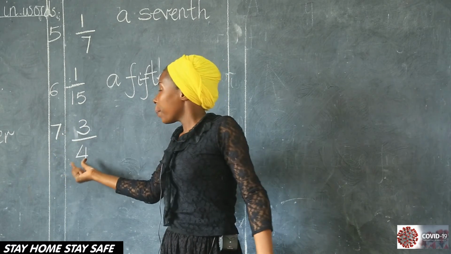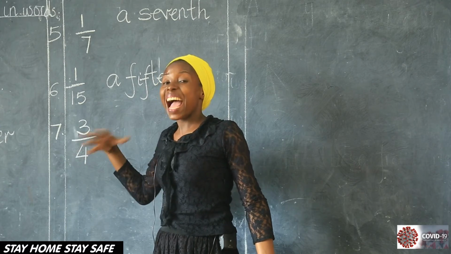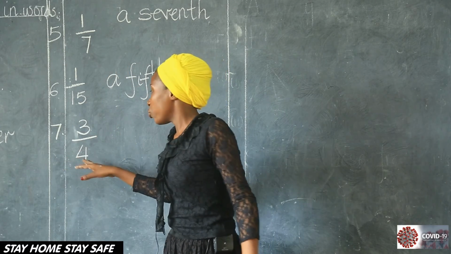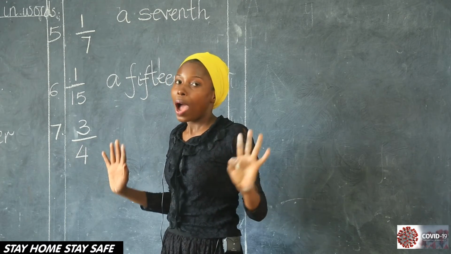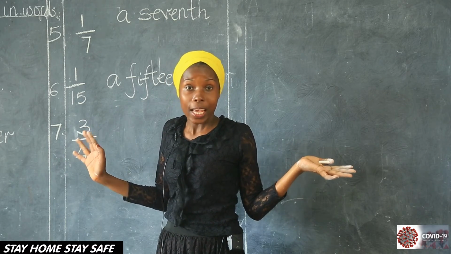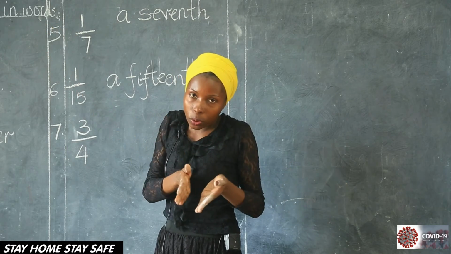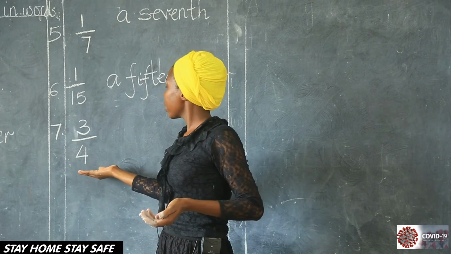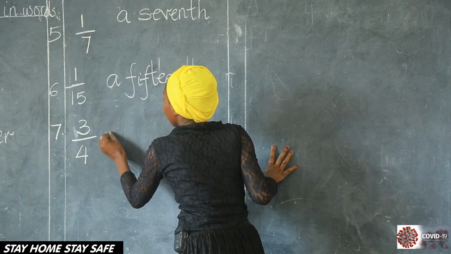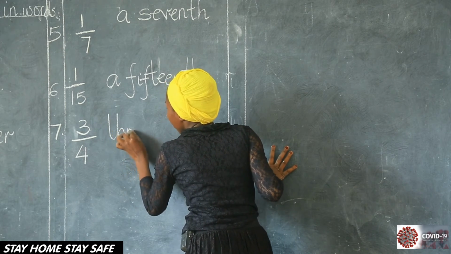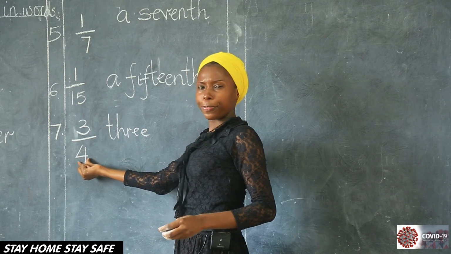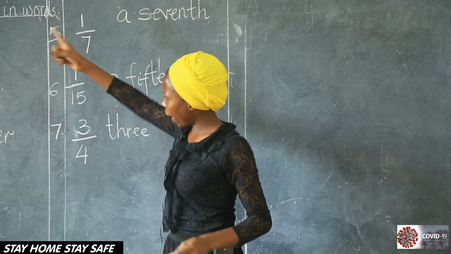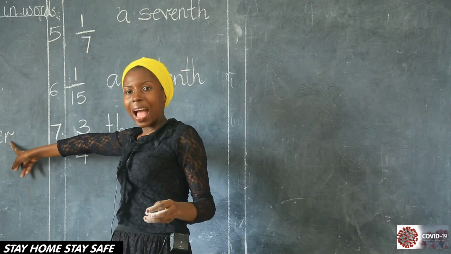But the number down is going to be maintained as its ordinal form. But remember we said 1 out of 2 and 1 out of 4 are exceptional. The other is a half, and then 1 out of 4 is a quarter. So that's why we're saying this one will be 3, because that's its natural name, isn't it? 3, and then what is 4? When you go back and see, 4 is called a quarter.